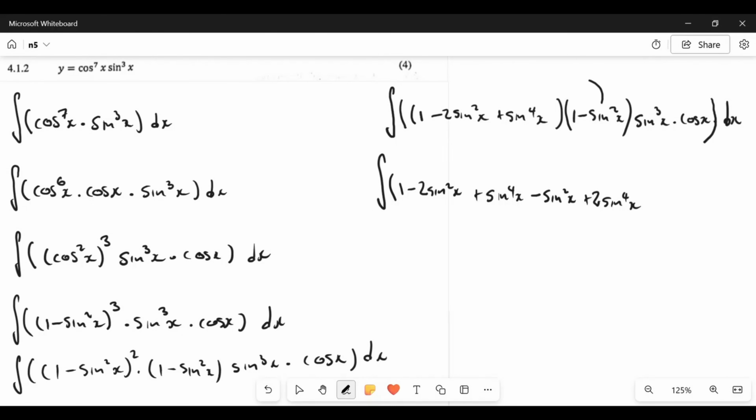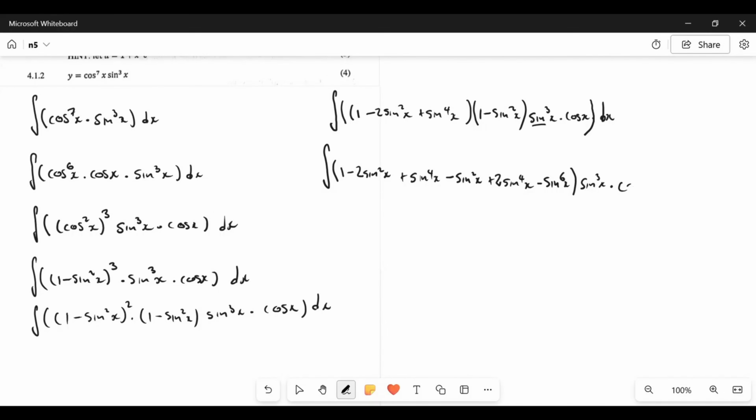And then if you multiply the very same negative sine squared x with positive sine to the power of 4, this is going to give us negative sine to the power of 6x, close bracket. Let us not forget we still have sine to the power of 3 and also cos x there. So let's write them. Sine to the power of 3x multiplied by, let me zoom down so that we are able to finish this, cos x close bracket multiplied by dx.